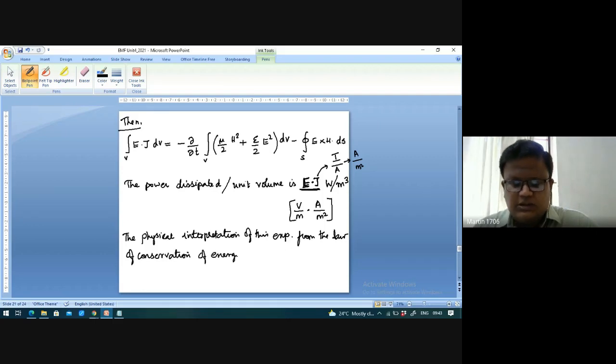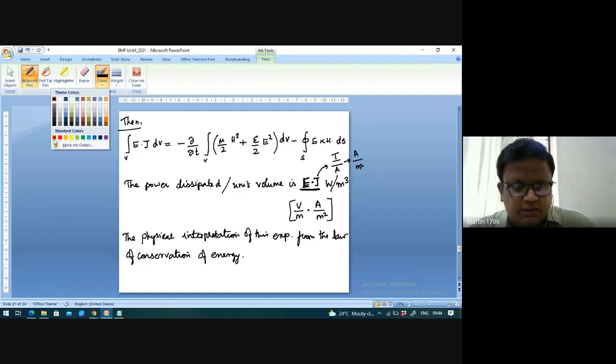So what is the law of conservation of energy? Energy can neither be created nor be destroyed. So you can see the terms. I will put it in a different color.